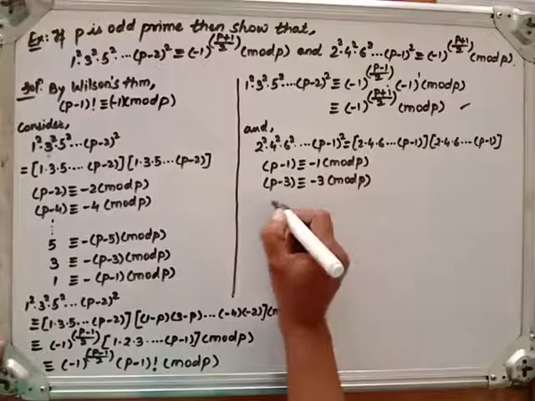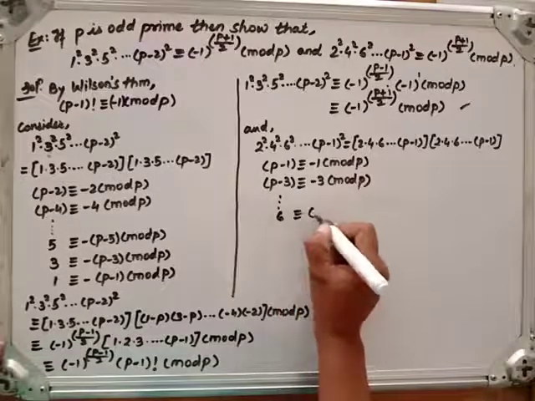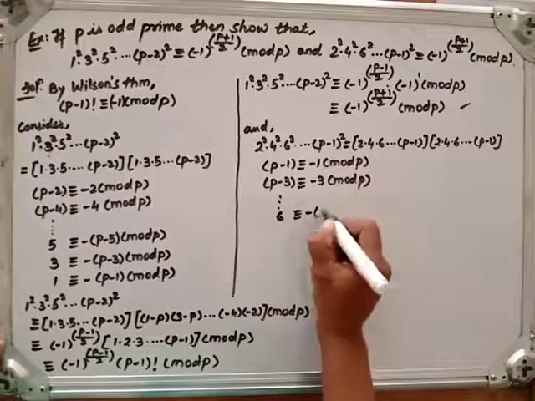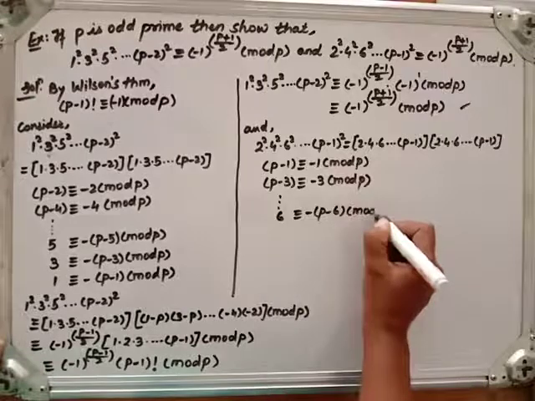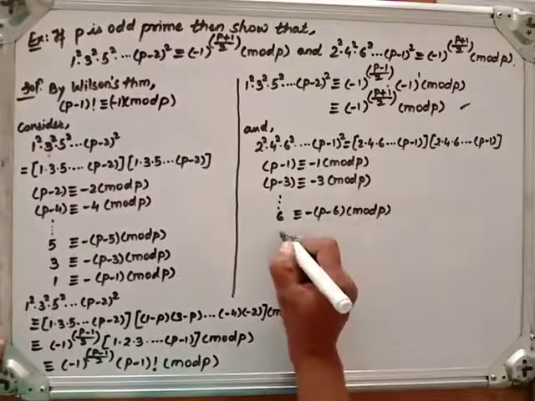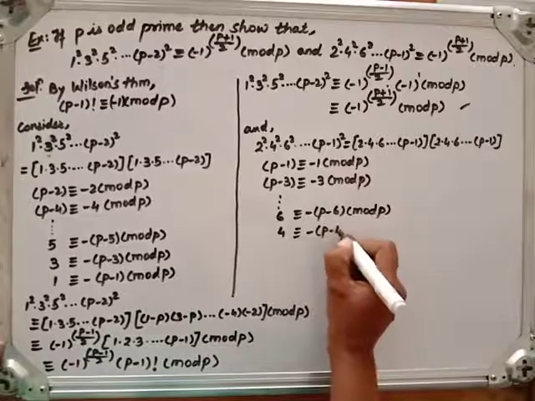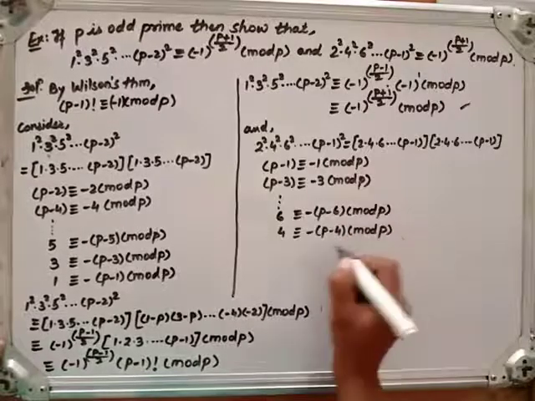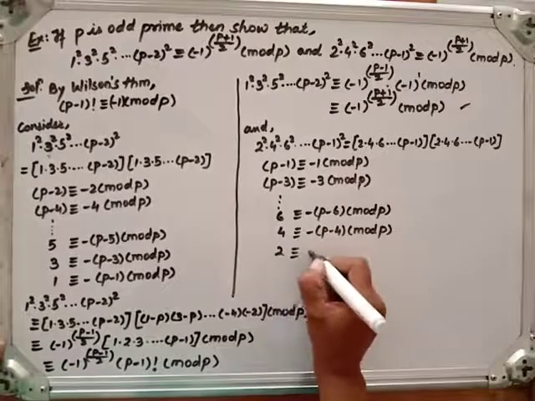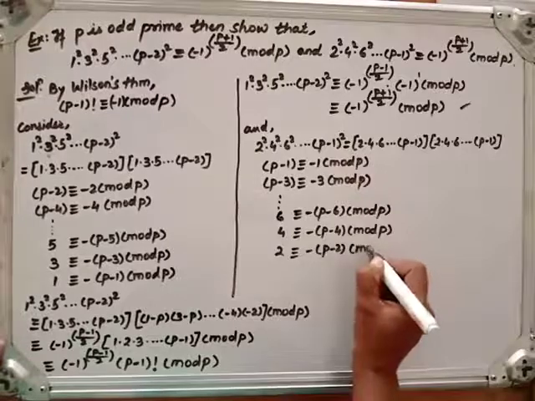Again similarly 6 is congruent to minus of (p minus 6) modulo p, then 4 is congruent to minus of (p minus 4) modulo p, 2 is congruent to minus of (p minus 2) modulo p.